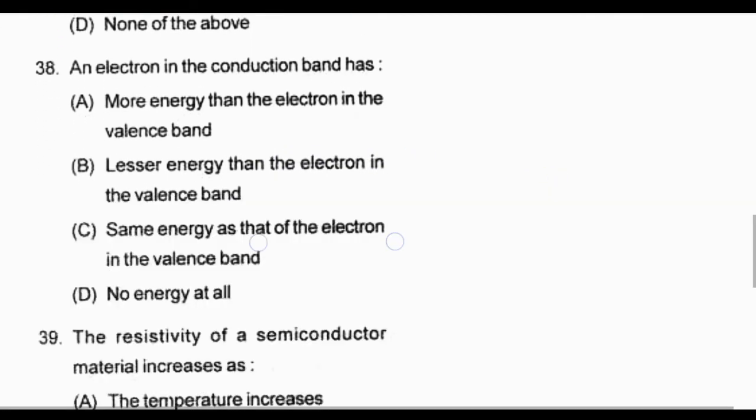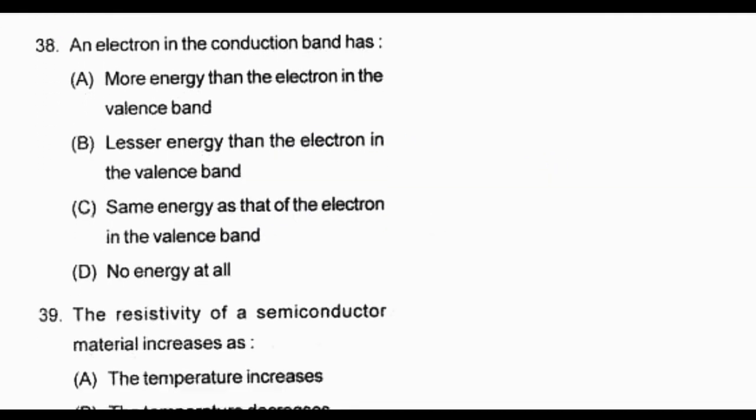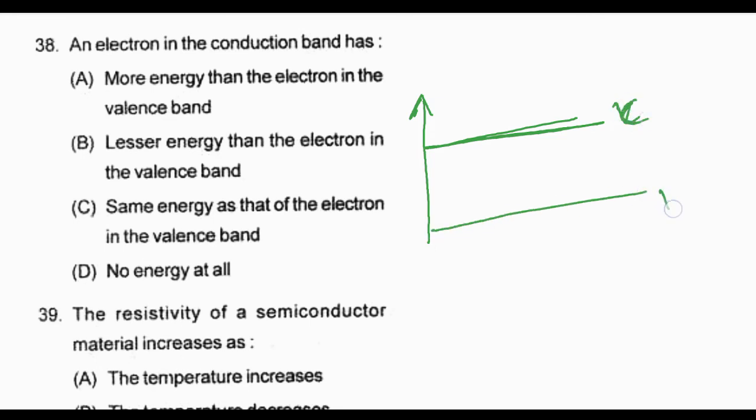An electron in the conduction band has more energy than an electron in the valence band, lesser energy than the electron in the valence band, same energy as that of an electron in the valence band, or no energy at all. Suppose this is the direction of increasing energy; this is the conduction band, and this is the valence band.